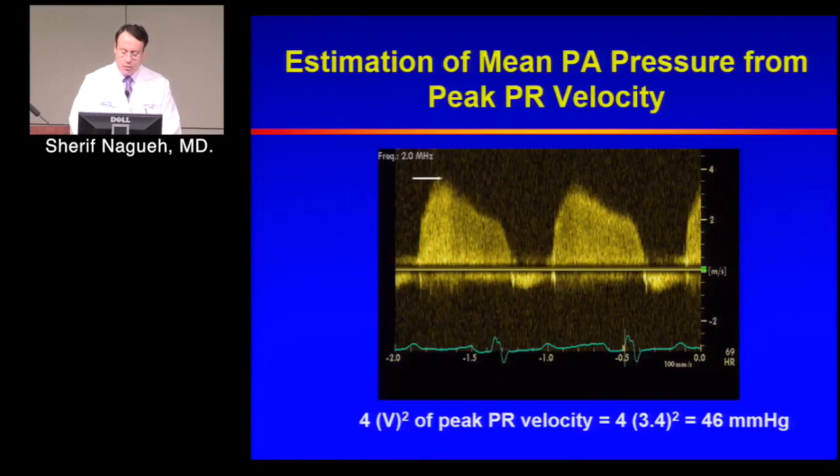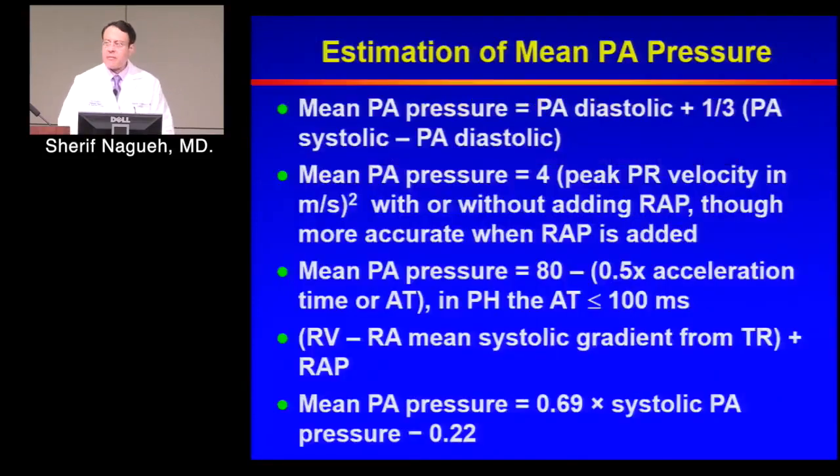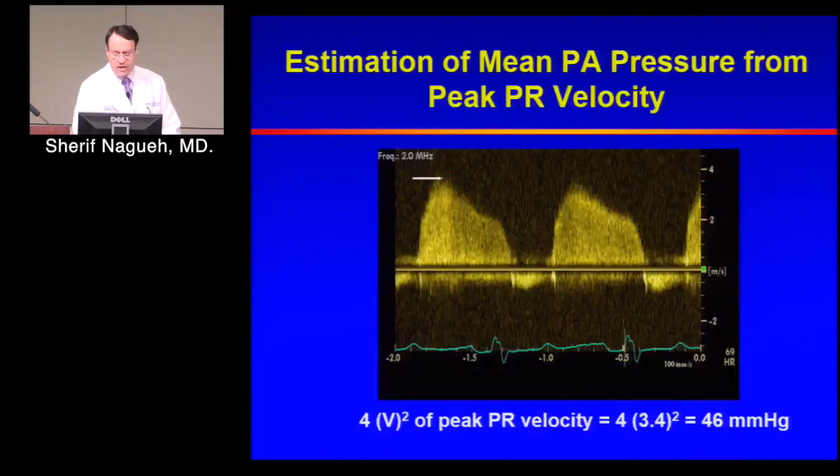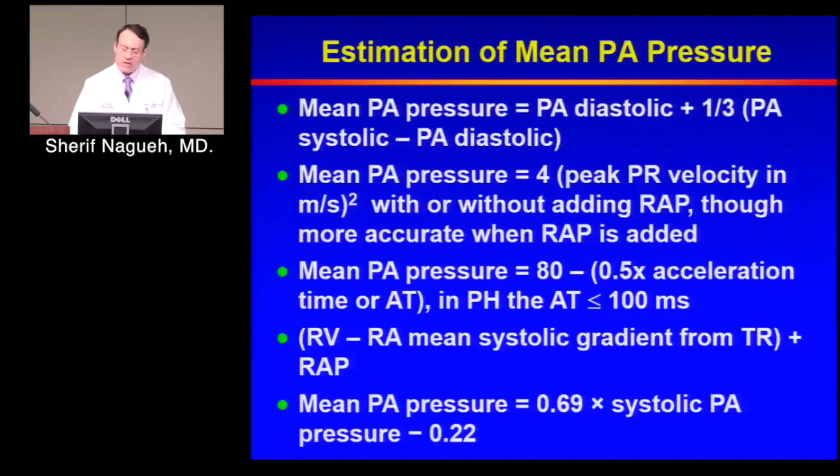If you want to be more compulsive, you need to add some estimate for RAP, and if you are more strict, the pressure that really counts at that time point is not the mean RAP, but more of the RV minimal pressure, which in patients with diastolic dysfunction is often elevated. But nevertheless, when people have used these approximations, they came up with good correlations, and therefore they are posted.